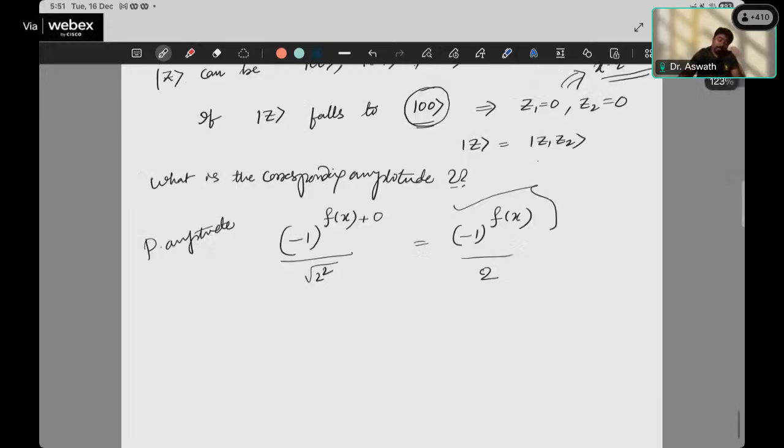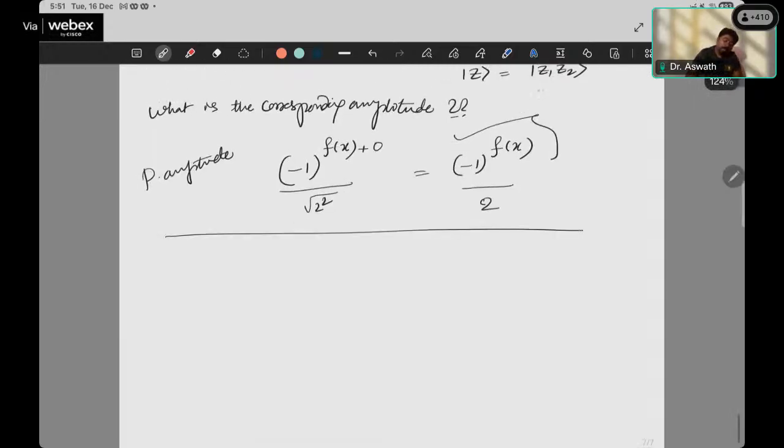Now let's say f(x) is a constant function. If f(x) is a constant function, what does it mean? For all values of x, it should give me 0 or 1. All zeros.